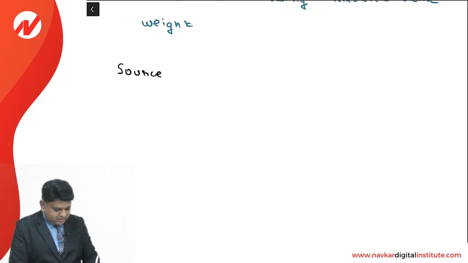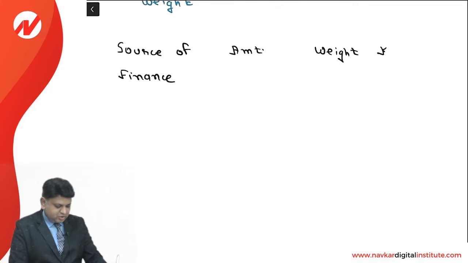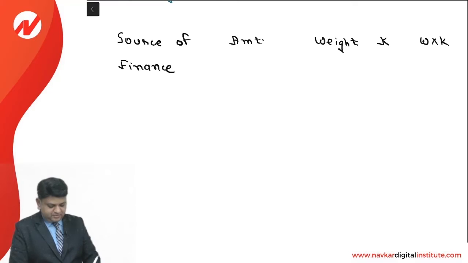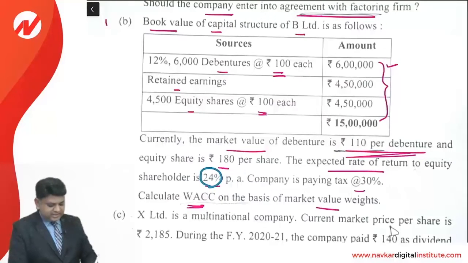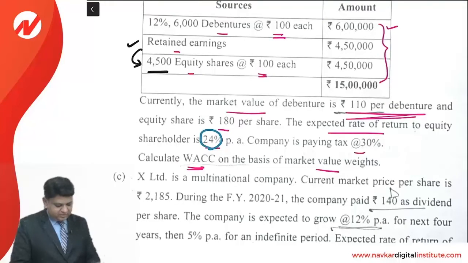Column number 1, source of finance. Column number 2, amount. Third column will be weight or proportion in which we have raised the funds. Cost. Weight into cost. That is the way the weighted average is calculated. Dear students, as far as the retained earning is concerned, it does not have its separate market value. Its value is always included in the equity share value. So we will have the equity shares 45,000 into market price 180.